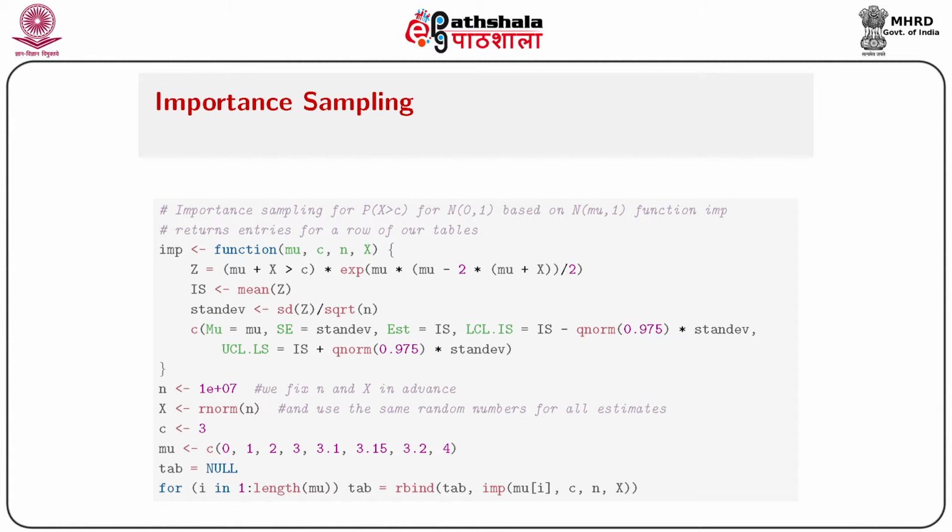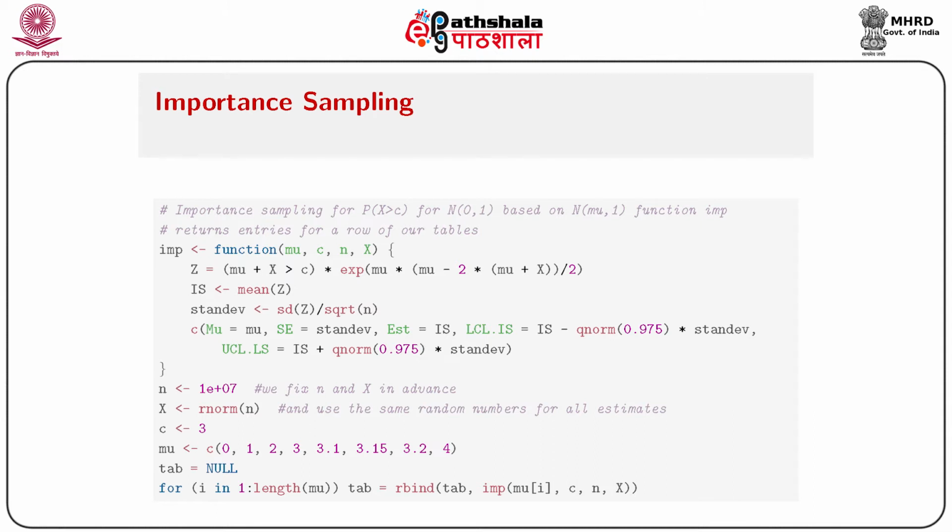First, let's see how it can be implemented in R: importance sampling for the probability of X greater than c for normal(0, 1), based on normal(mu, 1) functions. First we define the IS function, where the pass-by values are mu, c, n and x, where z equals (mu + x > c) times e to the power mu(mu − 2(mu + x))/2, and then the estimate is the mean of z.